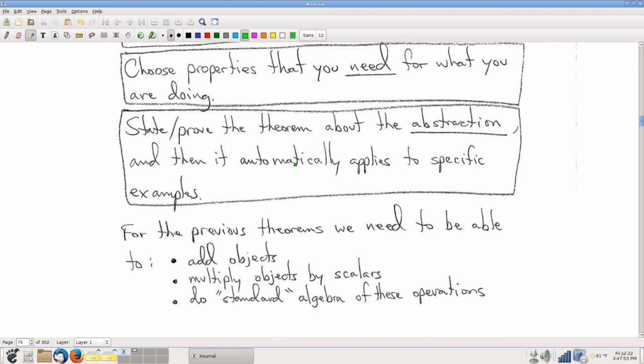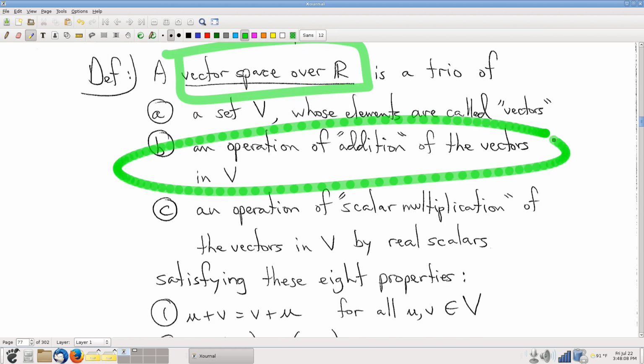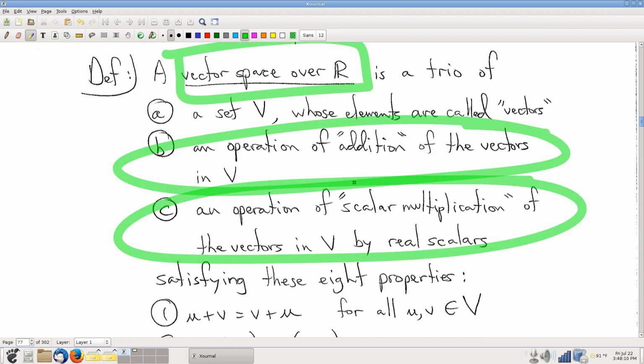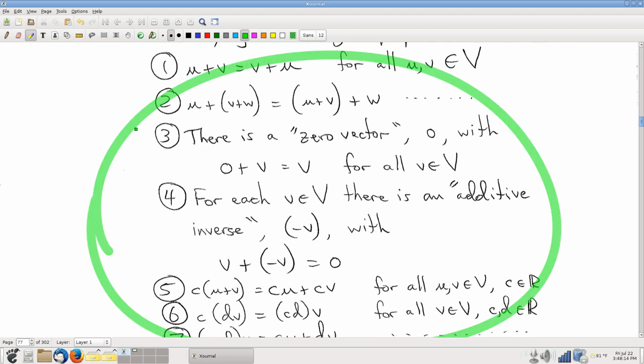And notice that the properties that we required, that we'd be able to add objects, that we'd be able to multiply objects by scalars, and that we'd be able to do standard algebra, those are all here in our definition. We can add, we can scalar multiply, and we can do standard algebra.